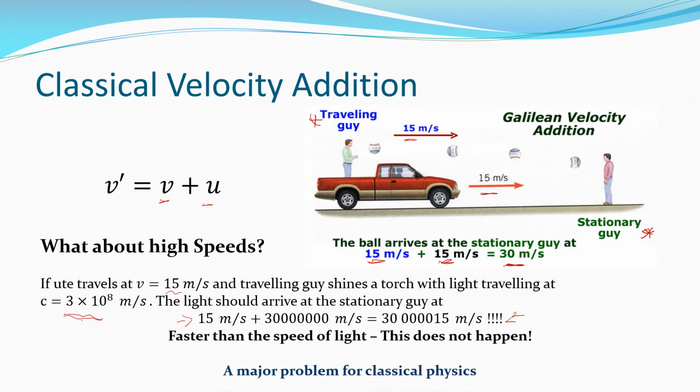But this is not possible. It doesn't happen. And this is what the problem with Newtonian physics was. And this is what set the scene for Einstein to start doing his work to work out exactly what happens at these very, very fast speeds.